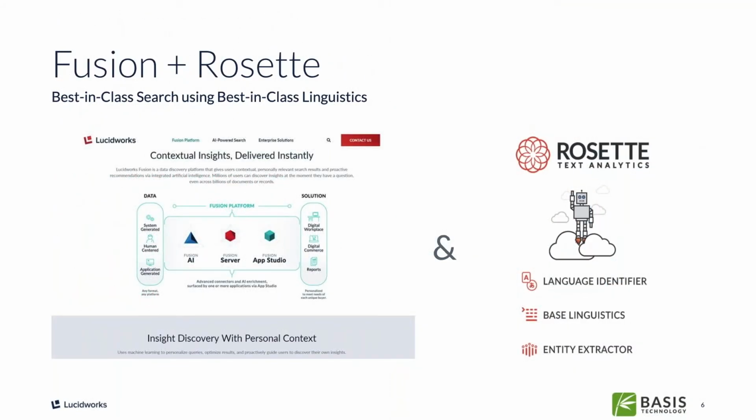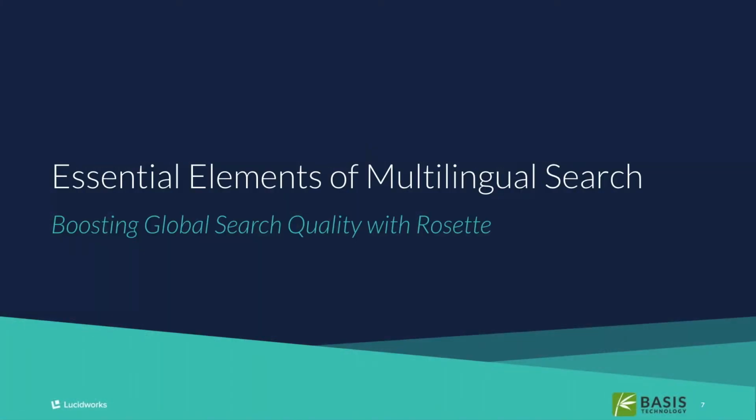To be able to do this, Fusion and Rosette are partnering to bring best-in-class search and best-in-class linguistics to address these challenges. Let's dive a little bit deeper into essential elements of multilingual search and see how we can boost global search quality with Rosette.